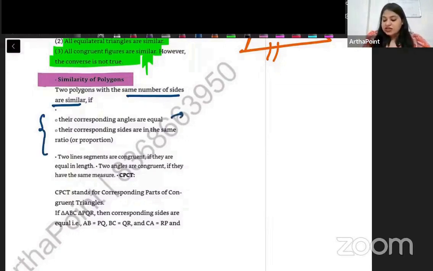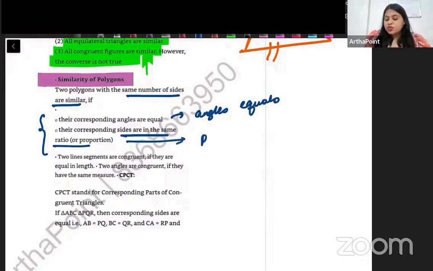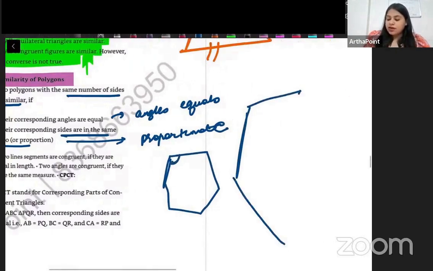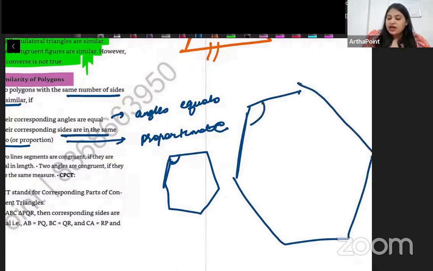Their corresponding angles should be equal, and their sides should be proportionate. So if I draw a polygon, and even if I draw a bigger polygon, the angles should be equal and the sides should be proportionate.